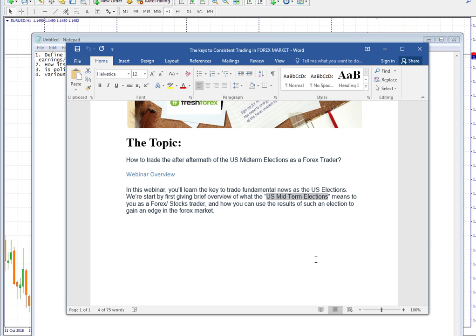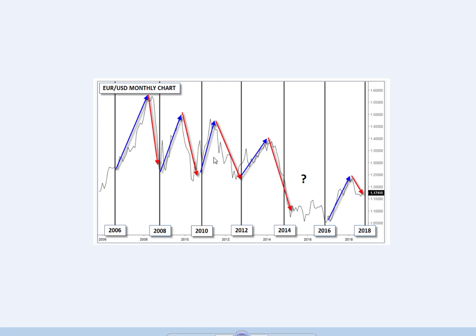So there's a chart which I grabbed online. It's called a midterm cycle. It says that every time a president is elected, the euro tends to gain for some time until the midterm election, and then it loses again.